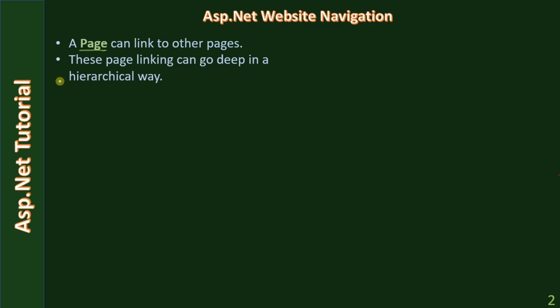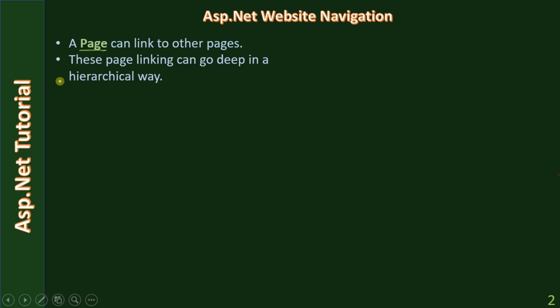So if you look at some of the websites, there will be multiple pages, or the navigation will be complex. Like you will land at one page, then by browsing through the links, you can go deep into the website hierarchy.